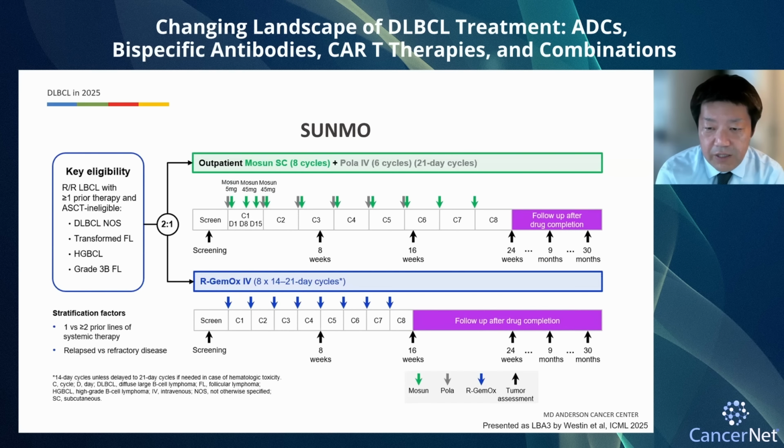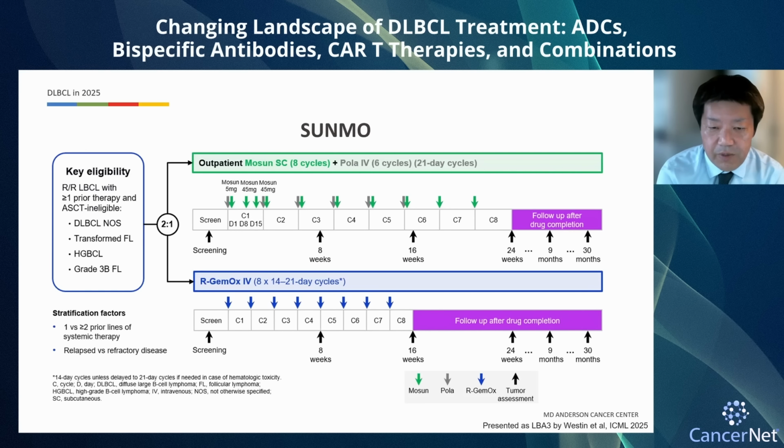The next trial is the SUMO trial recently published in JCO. The design of this trial is very similar to STARGLO, but with some key differences. It compares mosunetuzumab polatuzumab to R-GemOx, and importantly, included not just large cell lymphoma, but also transformed follicular lymphoma, high-grade B-cell lymphoma, and grade 3B follicular lymphoma.